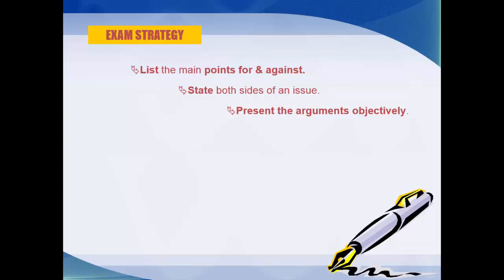You have to make your arguments clear. Number four, organize your ideas into paragraphs. This is what I said before. The paragraphing is a very important point. Your essay will be scored according to it.